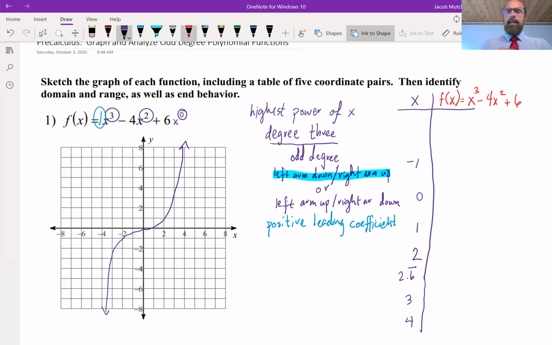You can put a guess there to begin, but then you can adjust it. So at -1, the output was -1, and then at 0, 6, we saw that was a relative maximum. 1, 3, 2, -2, and then at 2.6 repeating, we had a minimum at negative 3.48.